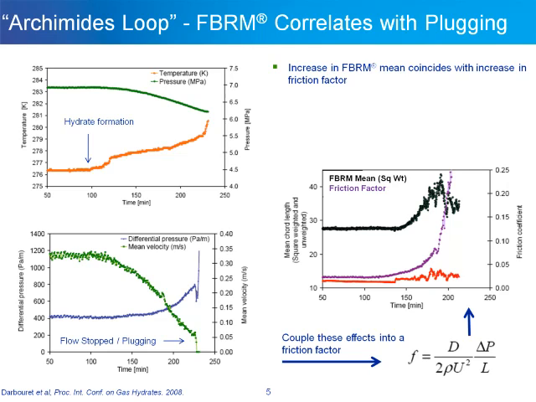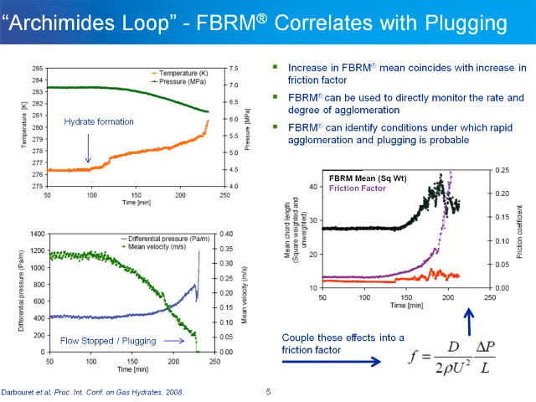And if you look at the FBRM data taken concurrently, we see that there is an increase in the FBRM mean dimension. At the same time, the friction factor is increased. And this is essentially associated with the agglomeration in the system. FBRM can be used to directly monitor the rate and degree of agglomeration and identify conditions where agglomeration occurs and plugging is probable.